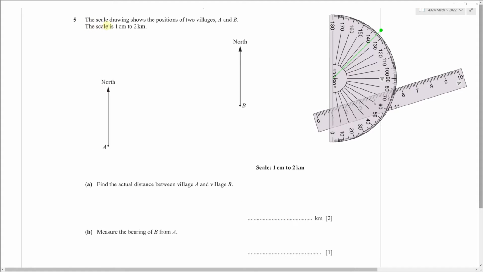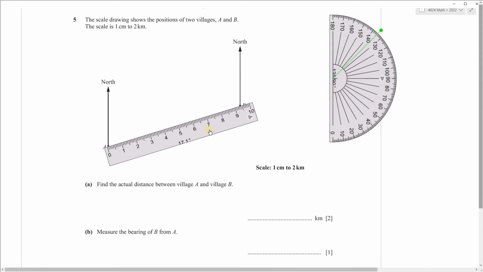Question 5. The scale drawing shows positions of two villages A and B. The scale is 1 centimeter to 2 kilometers. Find the actual distance between village A and village B. So first we'll measure the distance in centimeters and then convert it into kilometers using the scale given. So let me draw a straight line between point A and B and measure that.